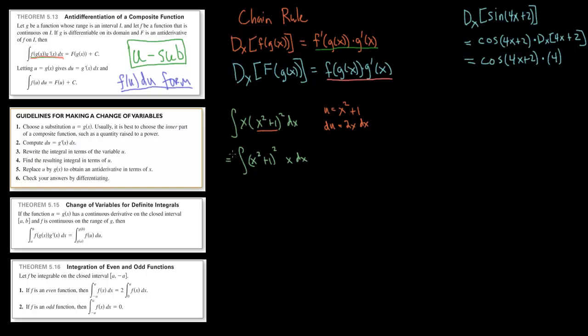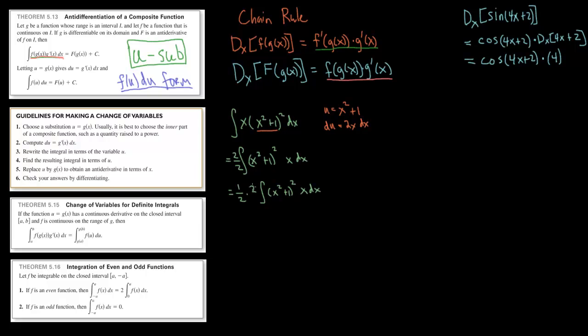But what I can do is multiply by a specialized version of 1. 2 over 2 is a special version of 1. But then what can you do? You could break that apart into, say, 1/2 times 2. Correct? We didn't change anything. And then we have x squared plus 1 squared x dx.